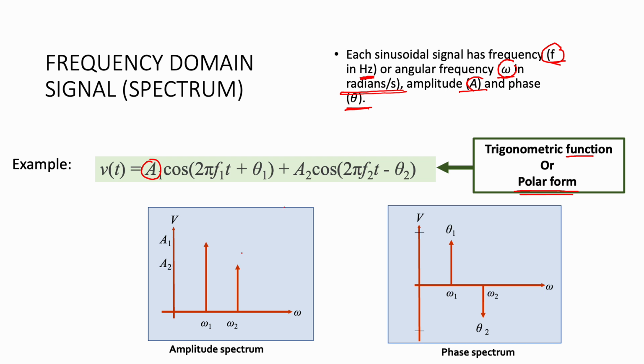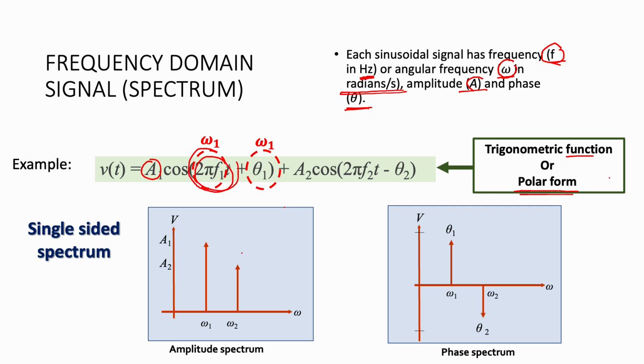So how to draw this graph? This is a single-sided spectrum graph. The first one, 2 pi f here, is known as omega 1, the angular frequency, and this is the phase change at omega 1, and this is the amplitude.